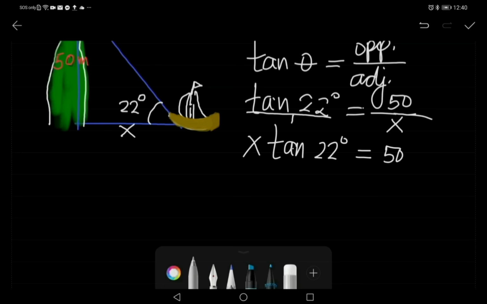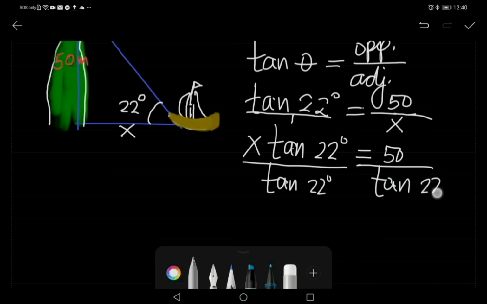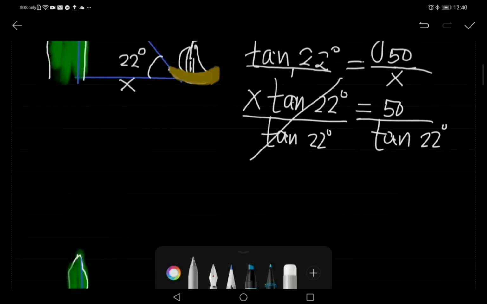Then we will divide both sides by tangent 22. So this will cancel. So what will remain is x equals 50 over tangent 22.